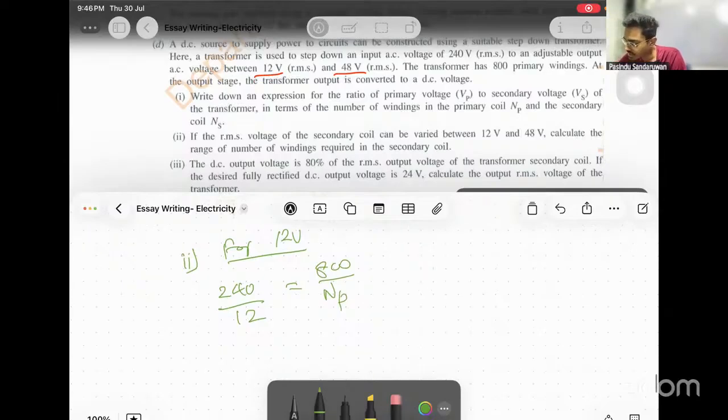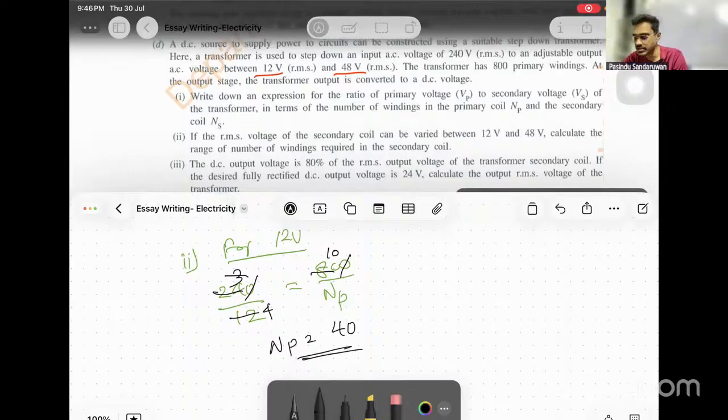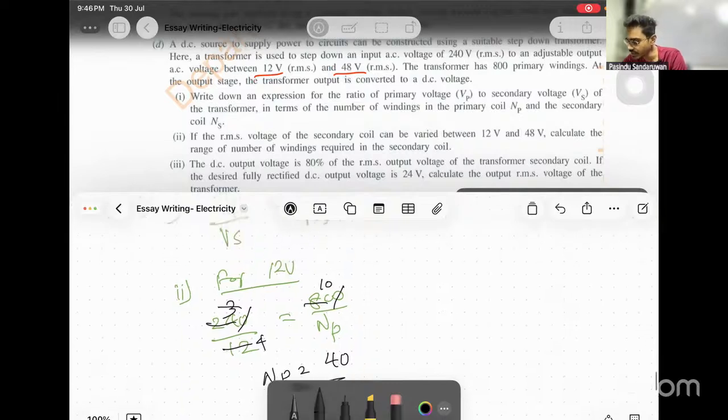Then simplify: 0 to 0 cancels, 8 times 3 here, 8 times 10 here, then 3 times 4 here, then Np equals 40. 40 windings.